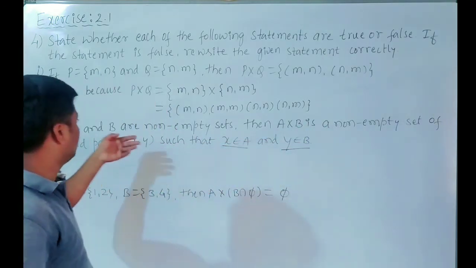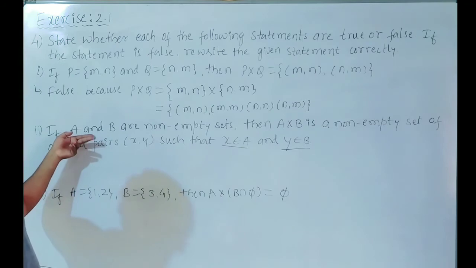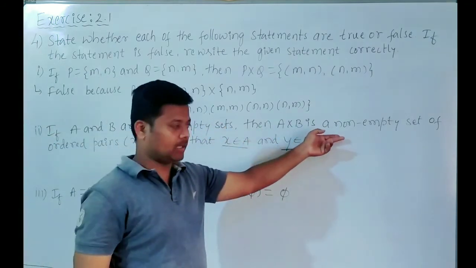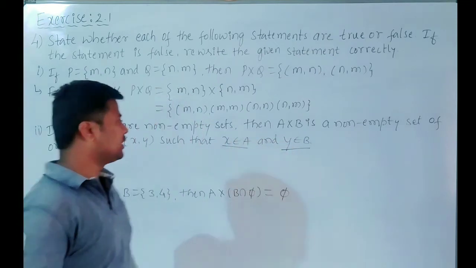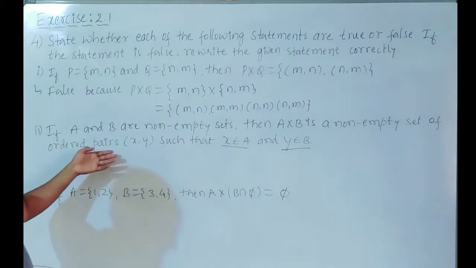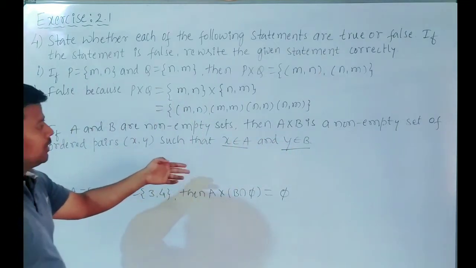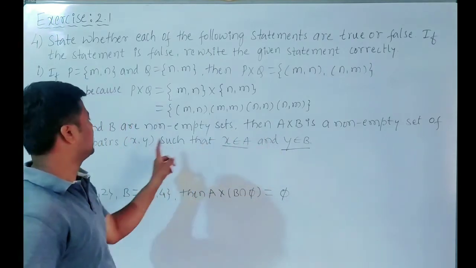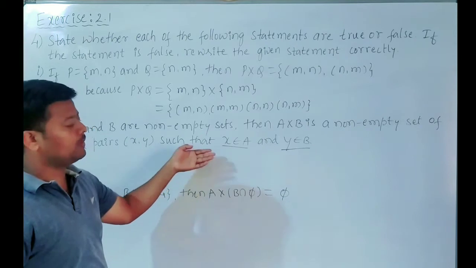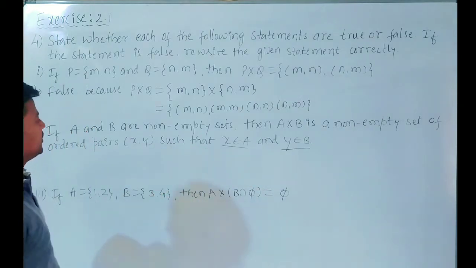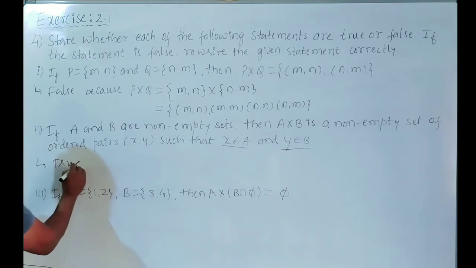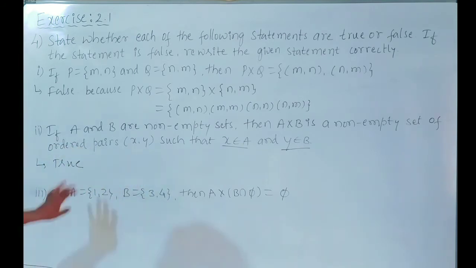So it is non-empty, a set of ordered pairs (x, y) such that the first element belongs to the first set and the second element belongs to the second. This is the definition of a Cartesian product. So this is true. Okay, this is true.